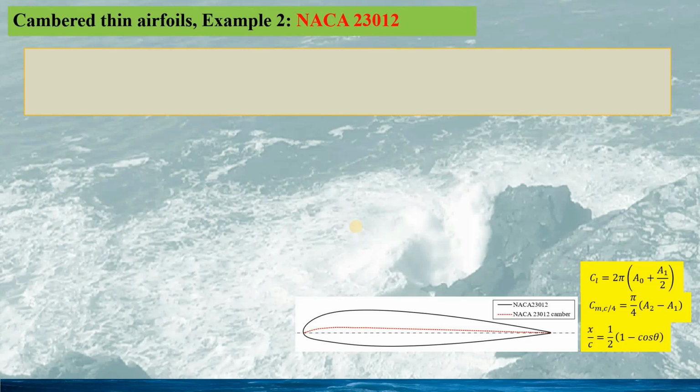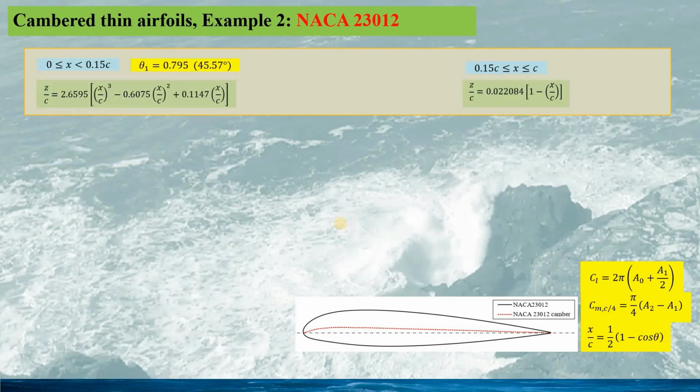For the NACA 23012, we can use the cambered line to calculate the coefficients A0, A1, and A2 for calculating the lift coefficient CL and the moment coefficient CM.